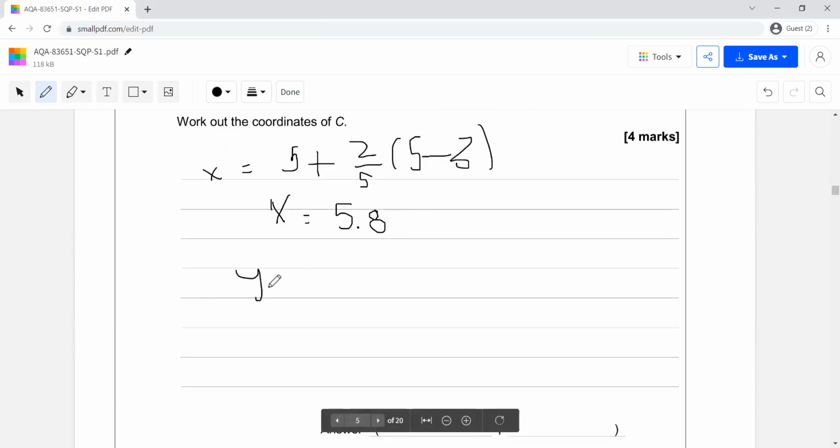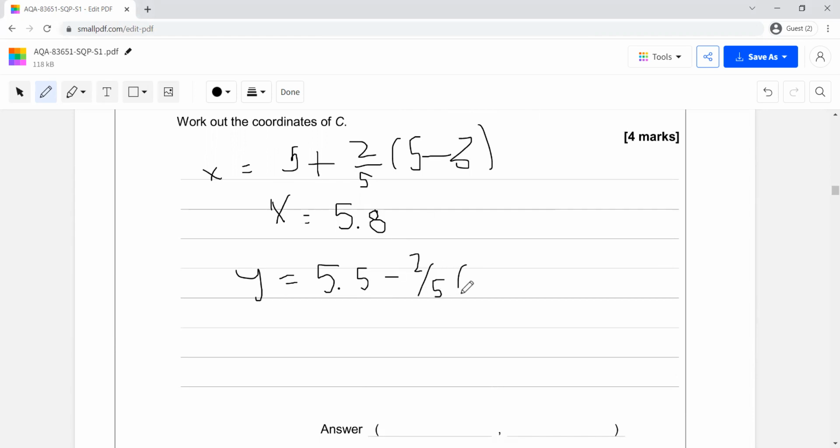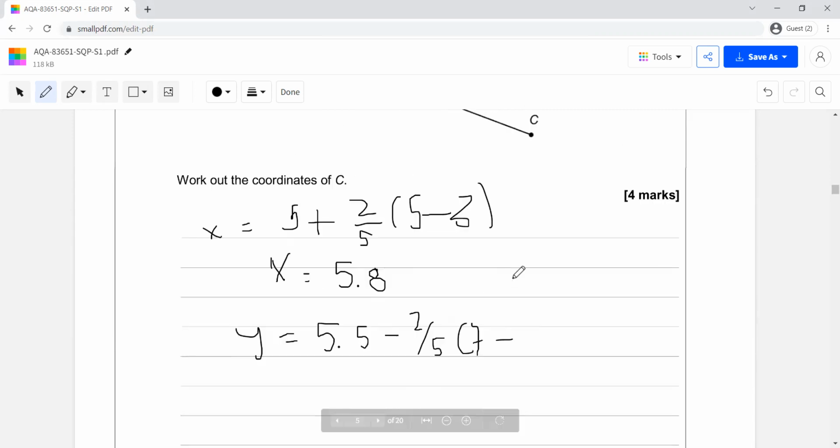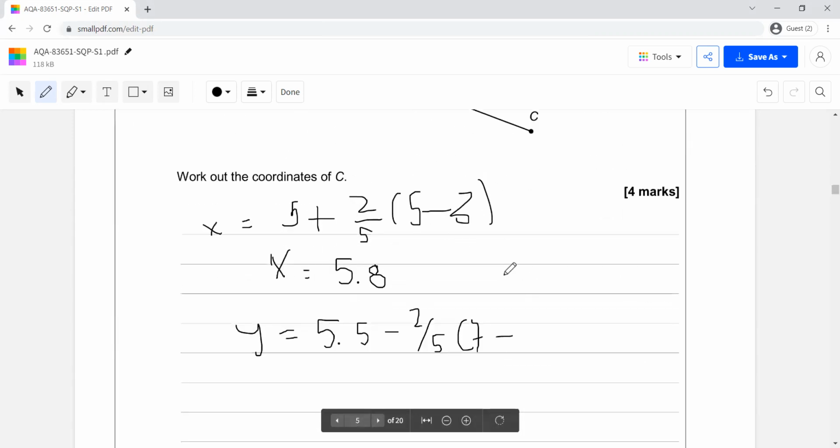And our y is given by doing 5.5 minus 2/5 of 7 minus 5.5.